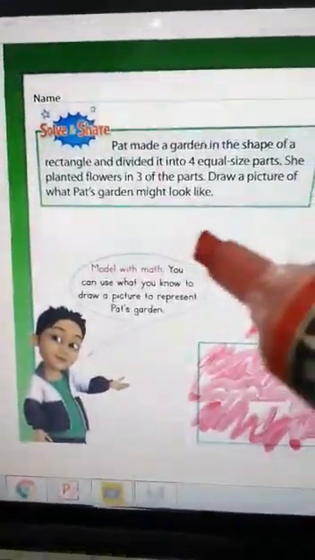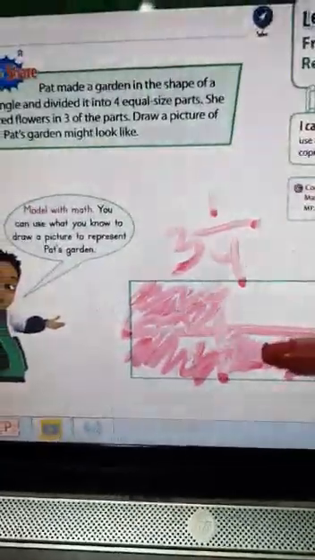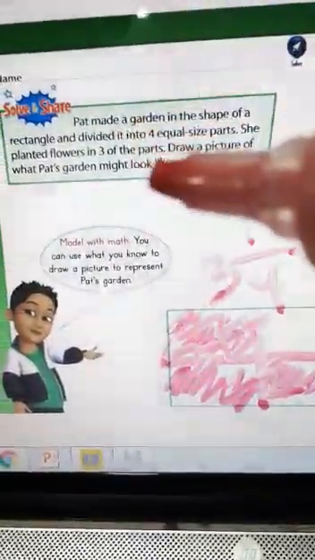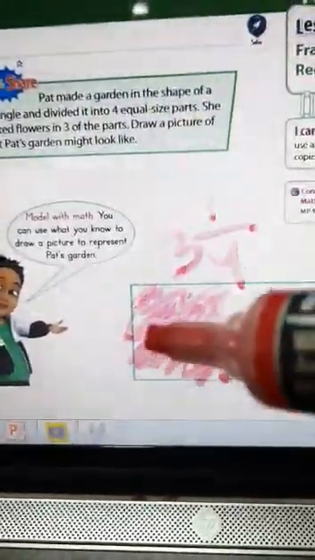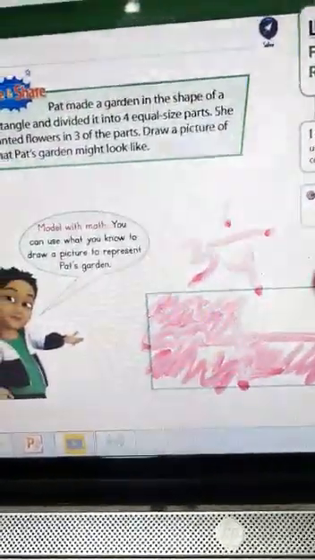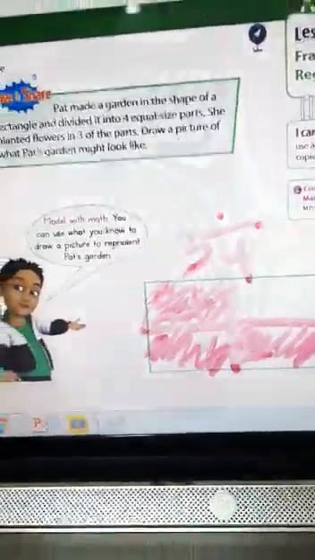Okay, the question said, draw a picture of what Bat's garden might look like. This is what Bat's garden looks like. 3 shaded, because they wanted 3 shaded. 4 in whole, 1 of 4, 1 left. This is the way you are going to do if you want to make the fraction for this big page.